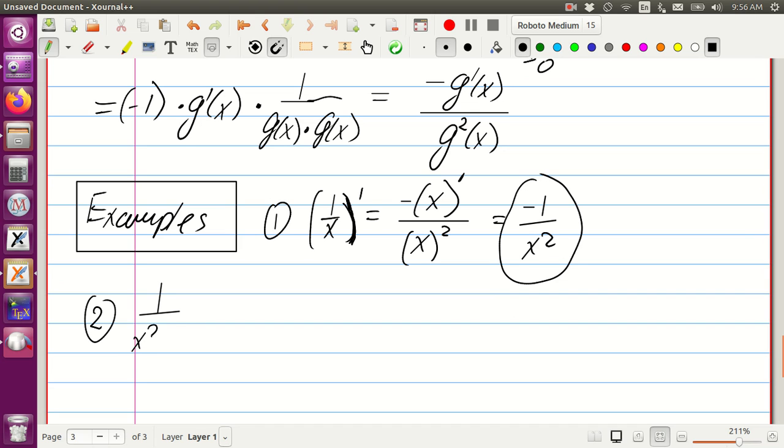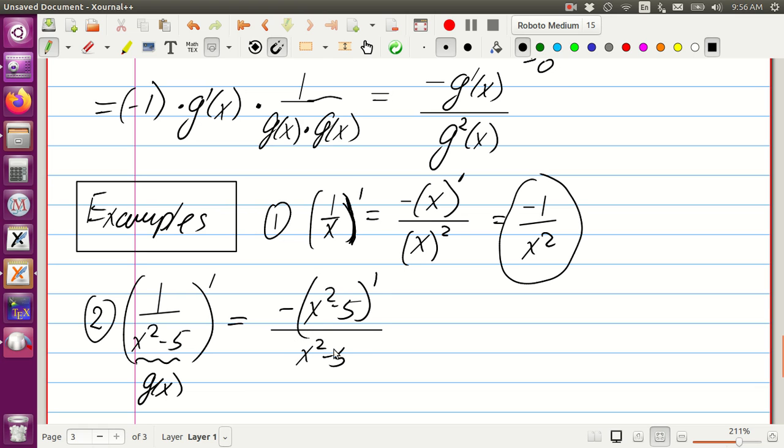Now some real example. If we have x squared minus 5 in the denominator and we take the derivative, this is our g of x, right? The rule says take minus, take the function g, take the derivative, and on the bottom put x squared minus 5 squared. So let's calculate the derivative of this function.